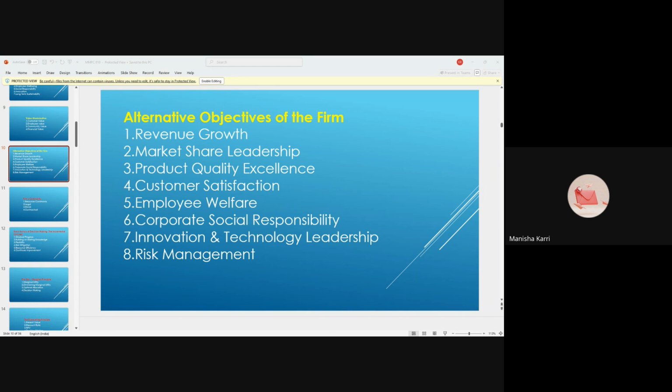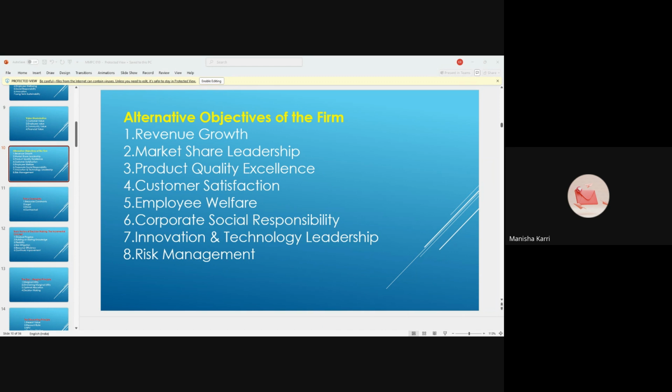First one is revenue growth. Here the firm may prioritize increasing revenue as a primary objective. This could involve expanding into new markets, introducing new products or services, or acquiring competitors, which is nothing but revenue growth. Then market share and leadership.